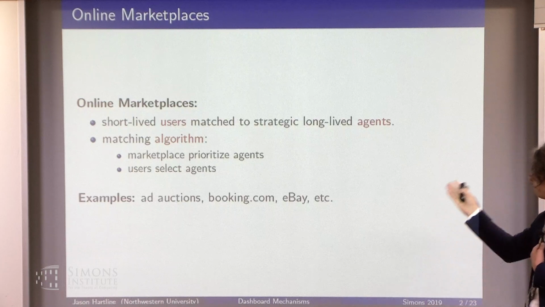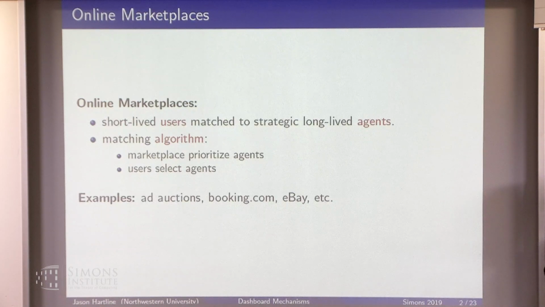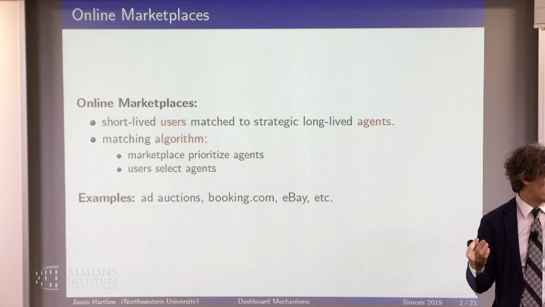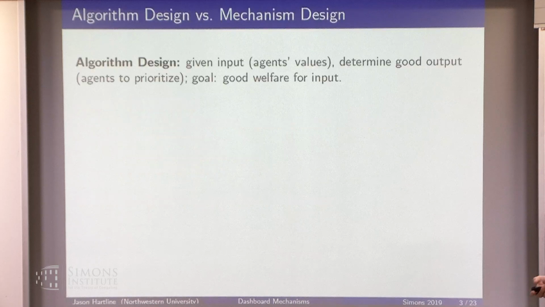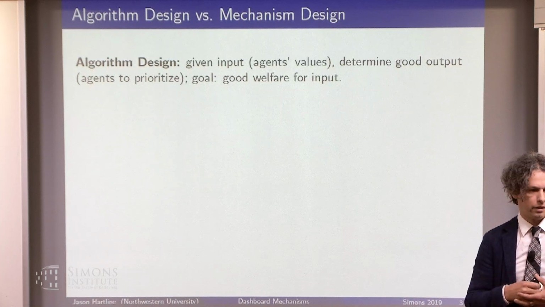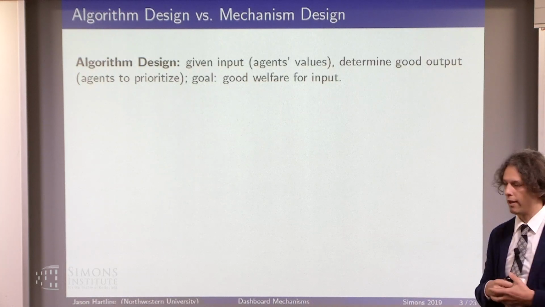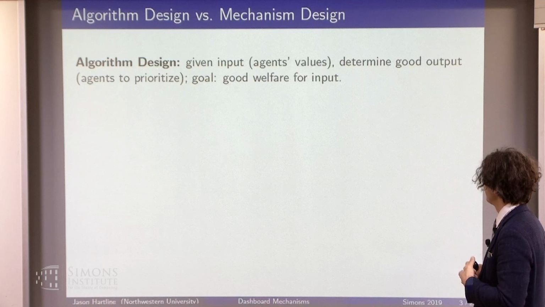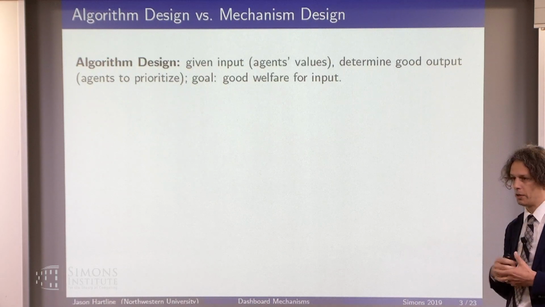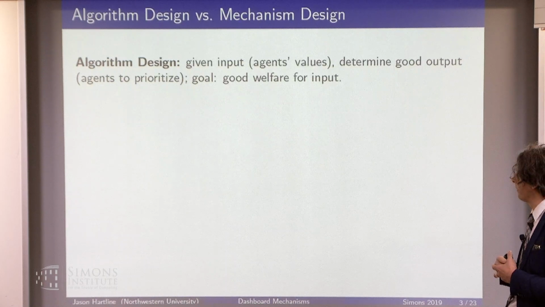Okay, so there are a bunch of examples of these that are quite relevant. I want to make all of these things work better, so I don't really think about any one of them in particular. I want to motivate what I'm thinking about from the following perspective: comparing algorithm design and mechanism design. Algorithm design is something we've studied in computer science a lot in the last half century.